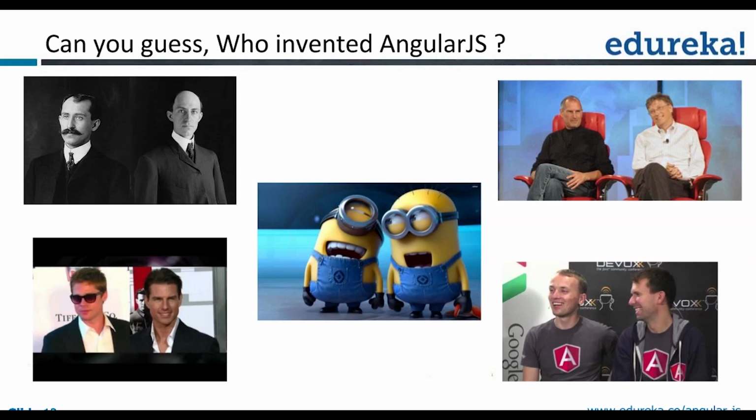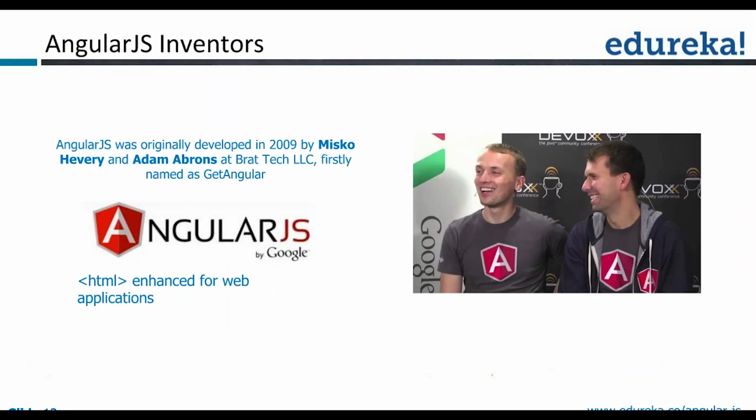He came up with the first version of AngularJS, and it was widely popular in Google. So they made it open source, and since then AngularJS has grown in leaps and bounds. It was developed in 2009 by Misko Hevery and Adam Abrons.